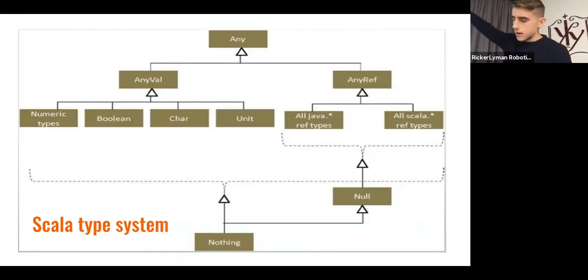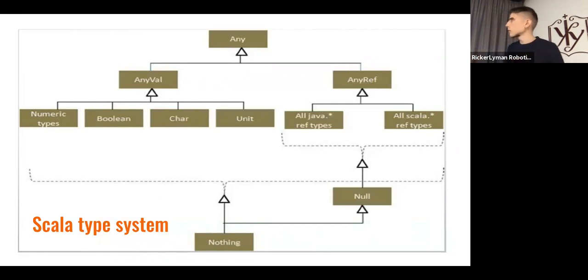Everything starts from this Any trait, which is at the very top of the Scala type system. Every other type, and every class you define, implicitly extends the Any trait. Under it, there are two kinds of things: AnyVal and AnyRef. AnyVal is for all primitive types, but we know that there are no primitive types in Scala like in Java, for instance.